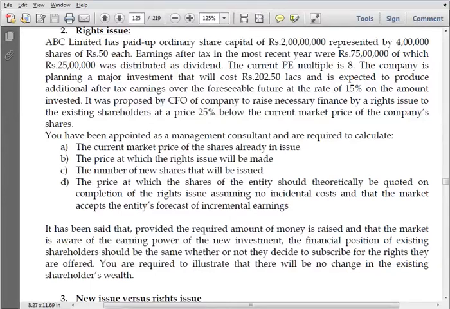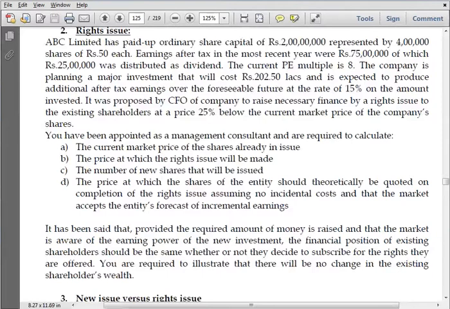So the point is, I had explained there also. Your P/E multiple concept says that when there is 100% dividend payout, then only the P/E multiple works. If there is no 100% dividend payout, it normally doesn't work. EPS into P/E multiple, you will get the price.